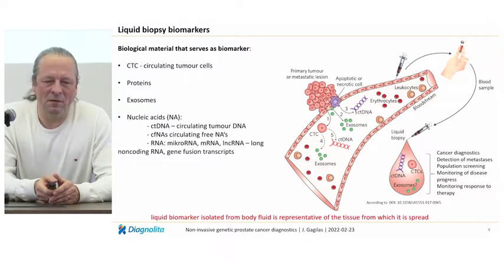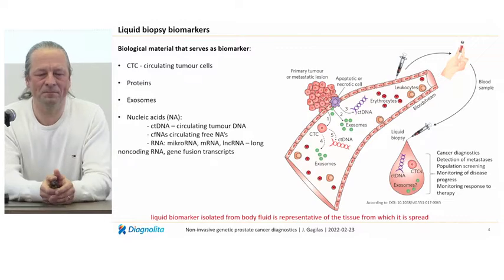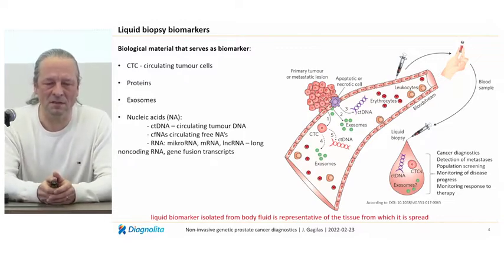The only problem is that there is a quite small number of these cells available. You can have from a few cells to tens of cells per milliliter of blood, and some advanced technologies are needed to separate these cells. But nowadays there are new technologies which can easily isolate these cells.